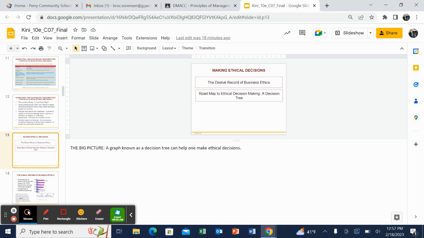Now we take a switch here, a look from decision making. We had the rational decision making model, which in a perfect world is the one that managers would use every time.